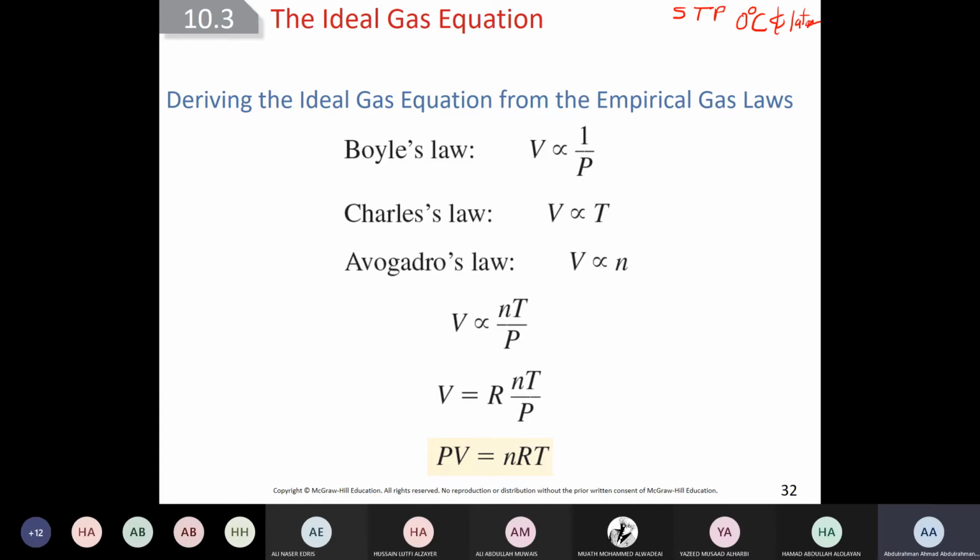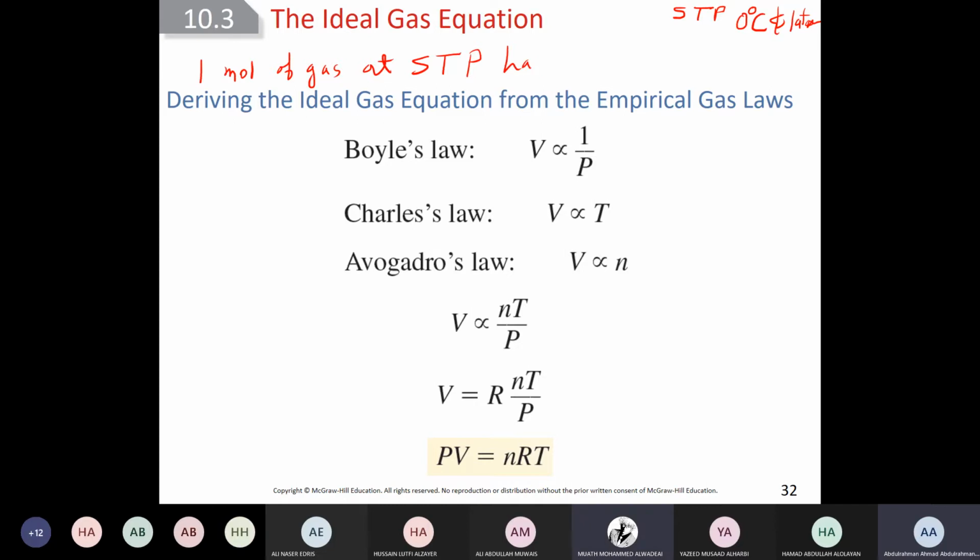I told you that 1 mole of gas at STP has a volume of 22.4 liters.